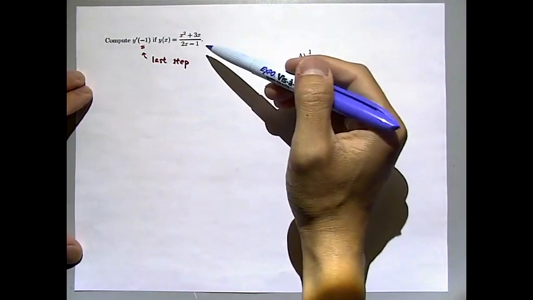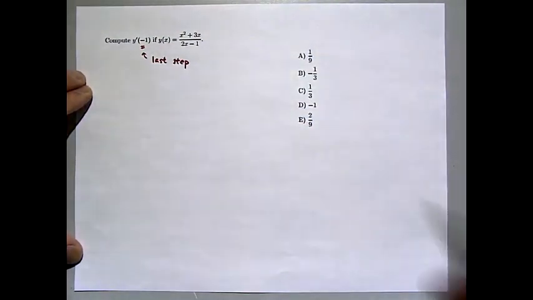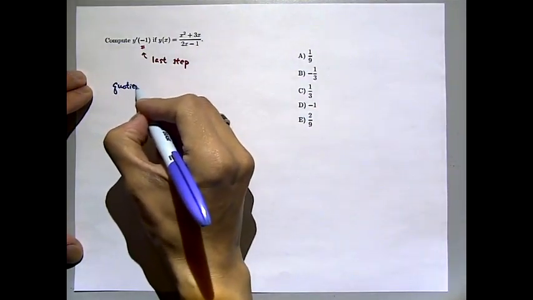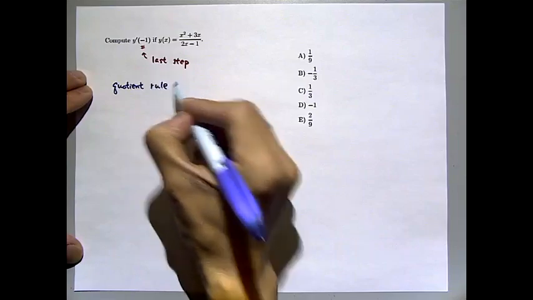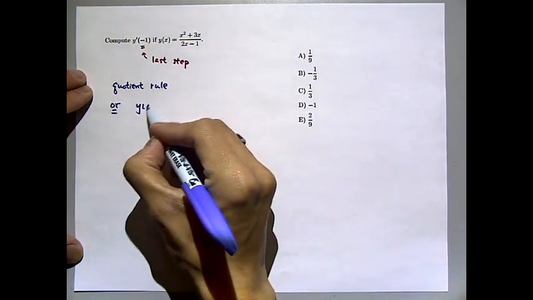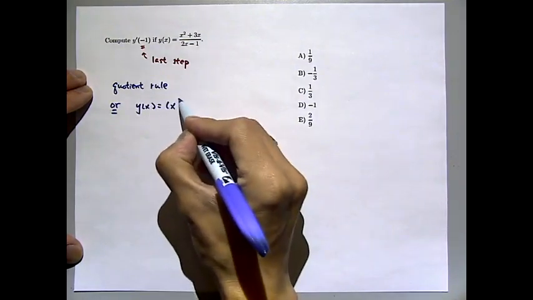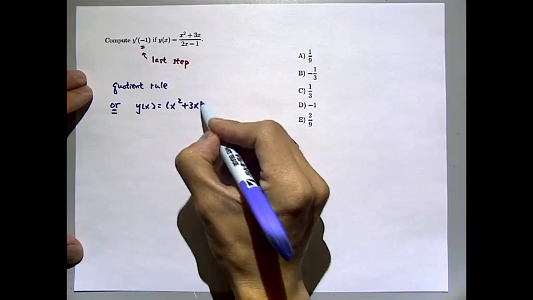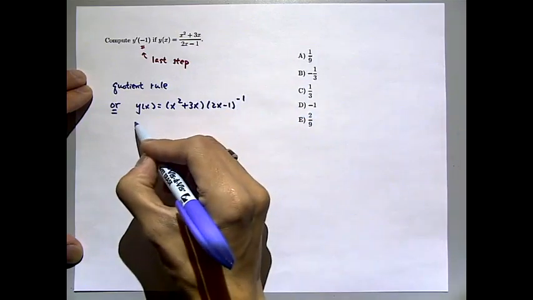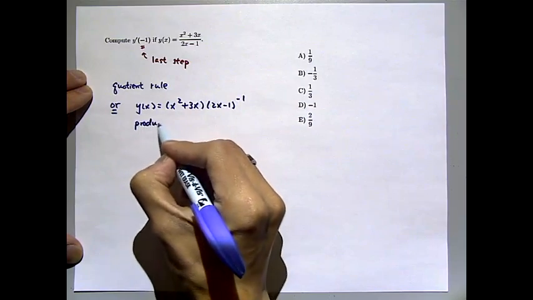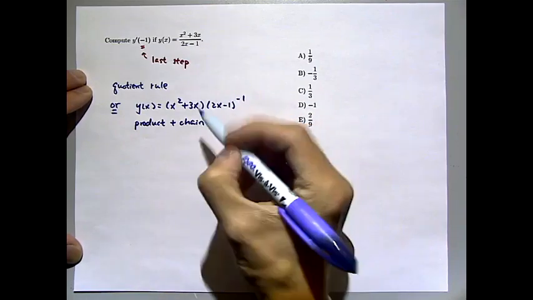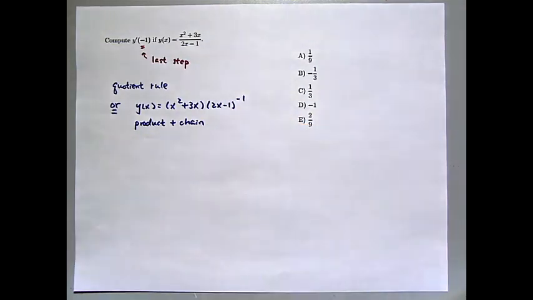This one we have a quotient, so the quotient rule is a very obvious step to go. Or if you don't like the quotient rule, you could write it as a product, and then you will use the product rule and the chain rule to complete this one.